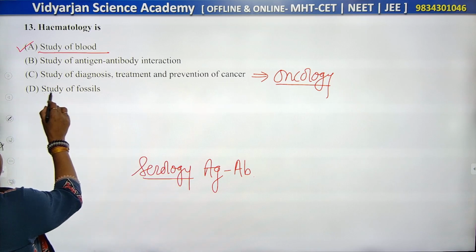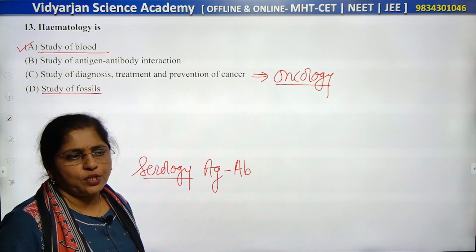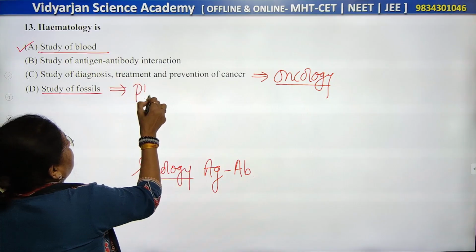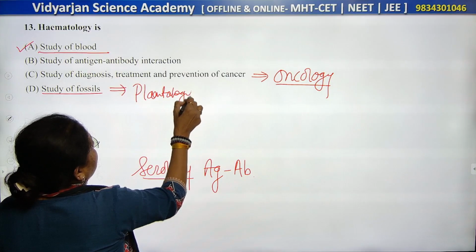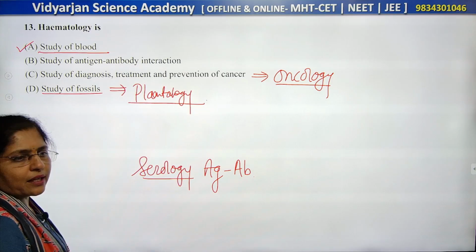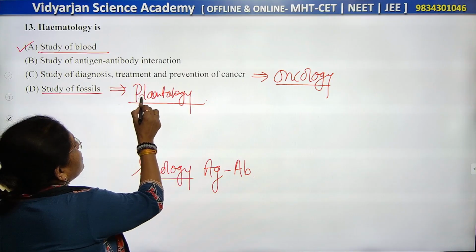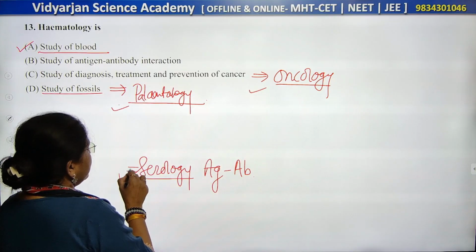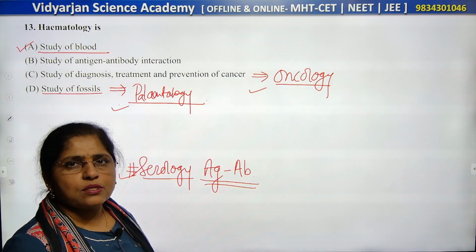And next is the study of fossils. You know that it is called paleontology. Paleontology is the branch in which fossils are studied. So all the things are done under these branches. You can note down paleontology, oncology, and serology, the study of antigen antibody reactions, right?